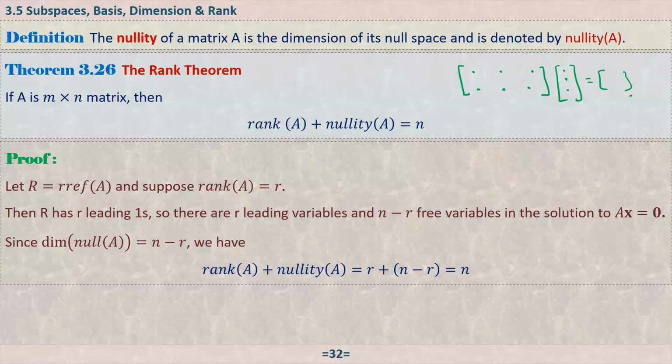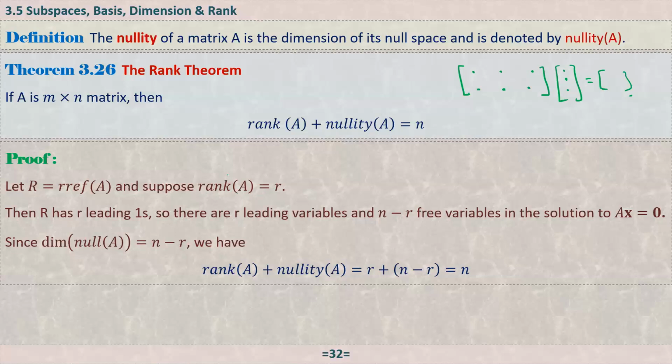I'm also going to use this fact to prove a bigger theorem that comes in the next slide. So let R be the reduced row echelon form of A, and suppose rank of A equals r. When I say rank of A equals r, what comes to mind?